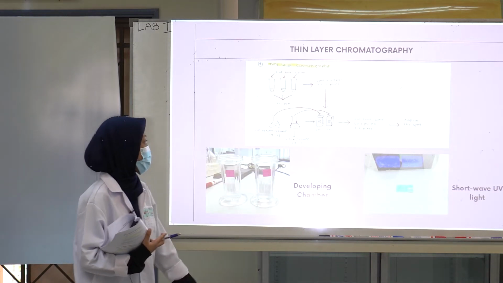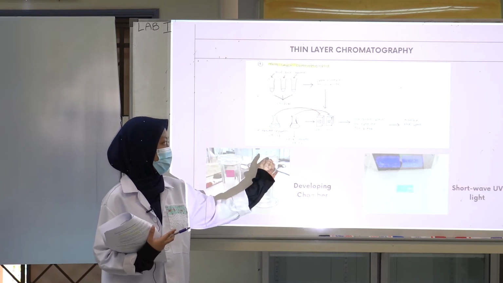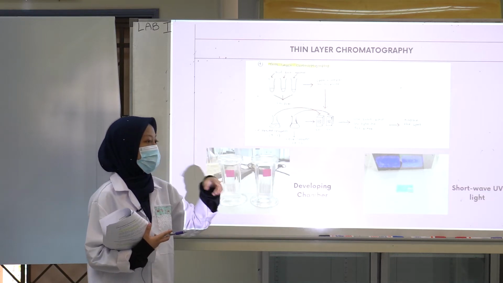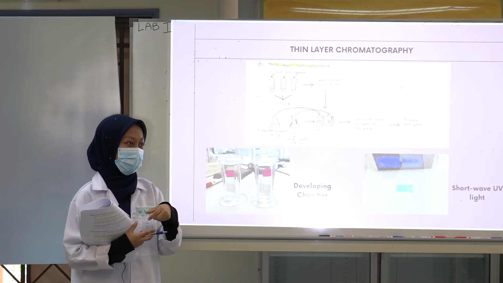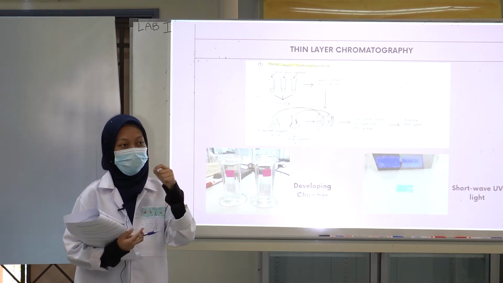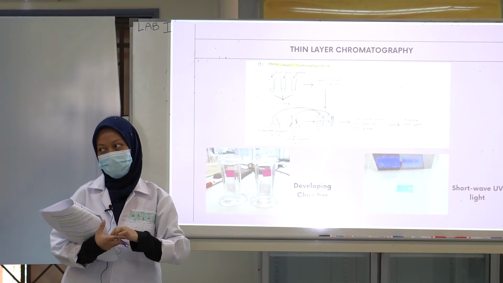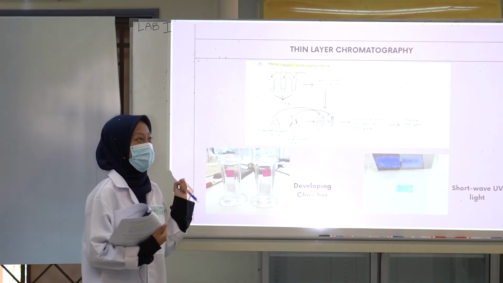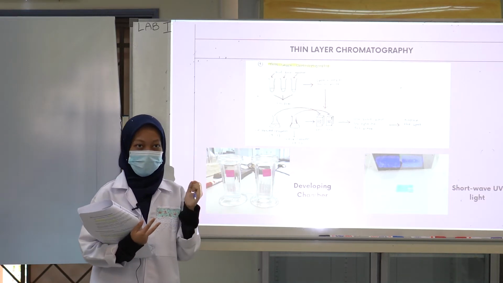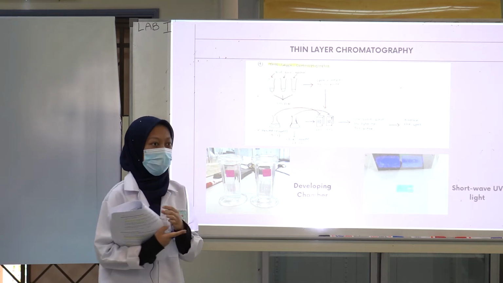And then after we put the solvent, we need to close the lid to avoid the dichloromethane evaporating.